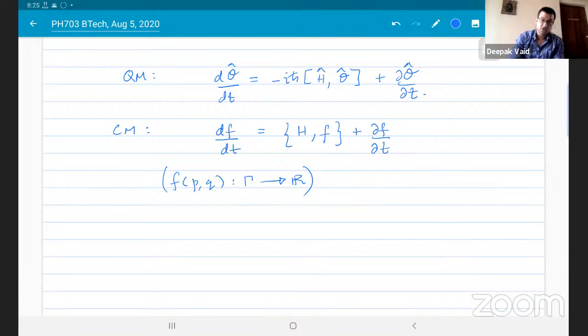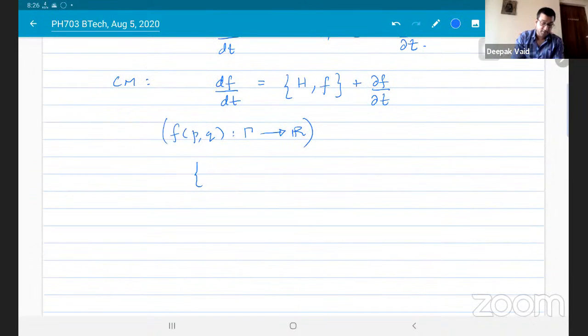So the correspondence between classical and quantum mechanics is roughly the statement that you go from functions on the phase space to operators on the state space of quantum mechanics, the Hilbert space. And the Poisson brackets of functions on the phase space are translated into commutators of the corresponding operators.